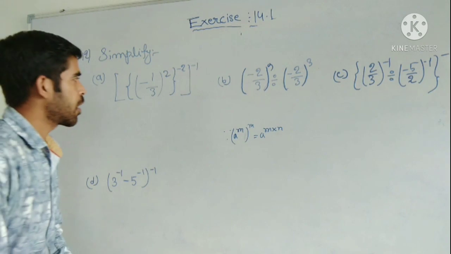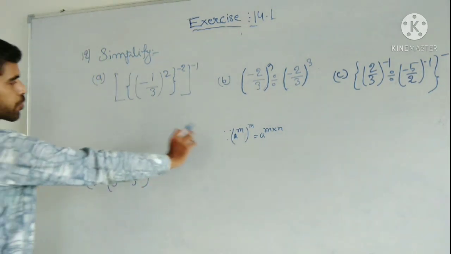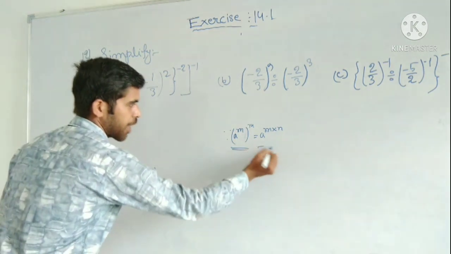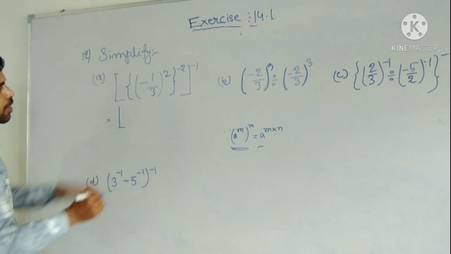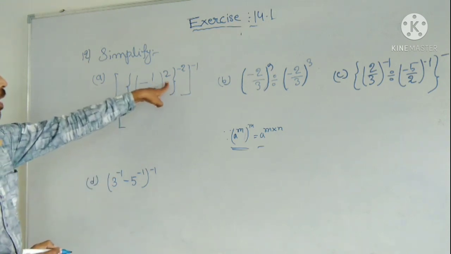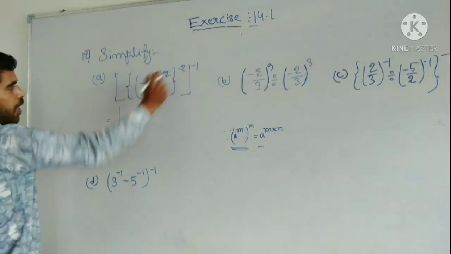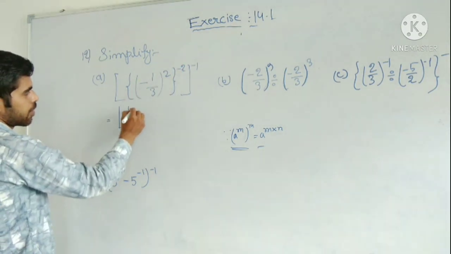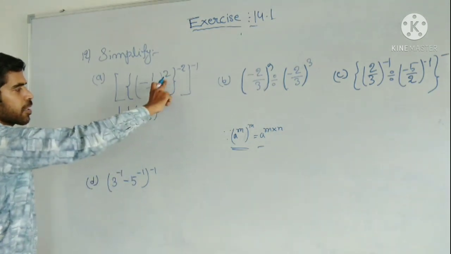Now see question number 12, here written simplify. So again we use the laws of exponents. You see there is an exponent and again an exponent, there also exponents there. So first 1 by 3, then you multiply with this.